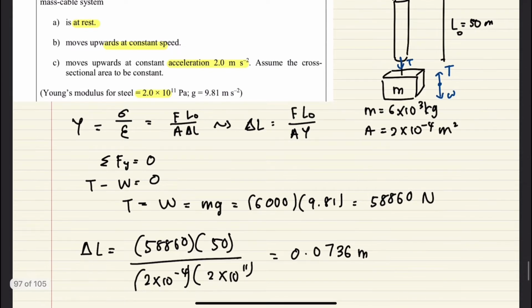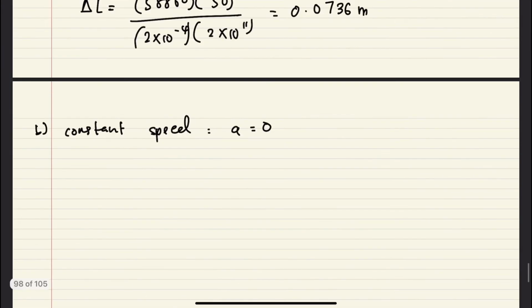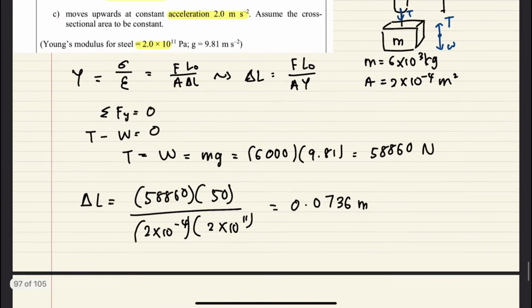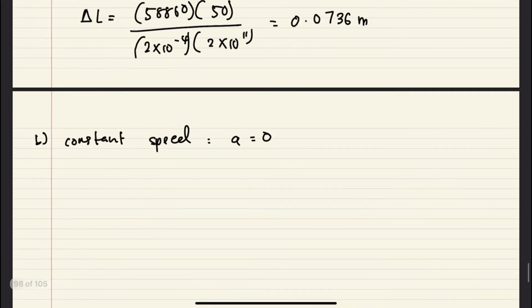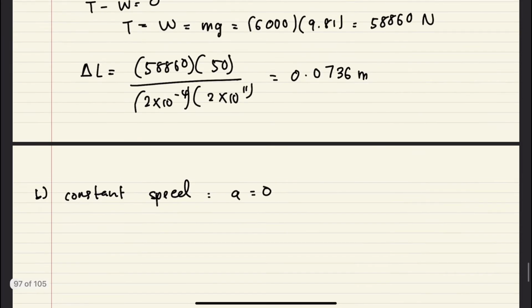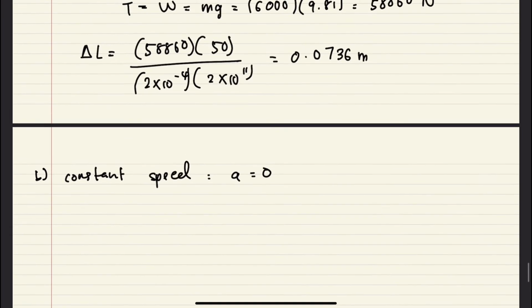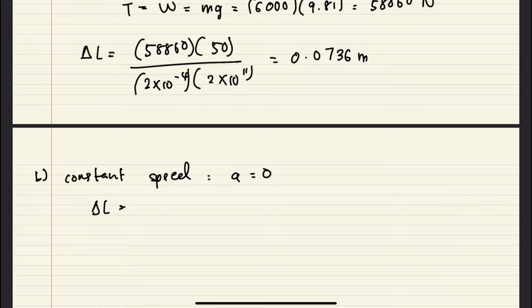So it is the same case as the equilibrium one. The answer will be the same because the force applied will be the same. So again, delta L is equal to 0.0736 meter.